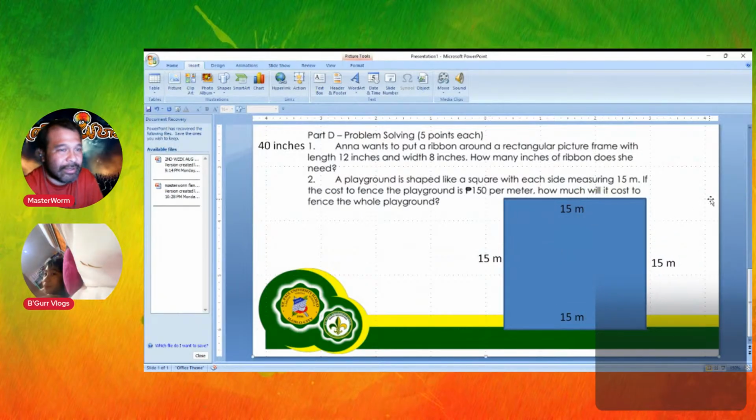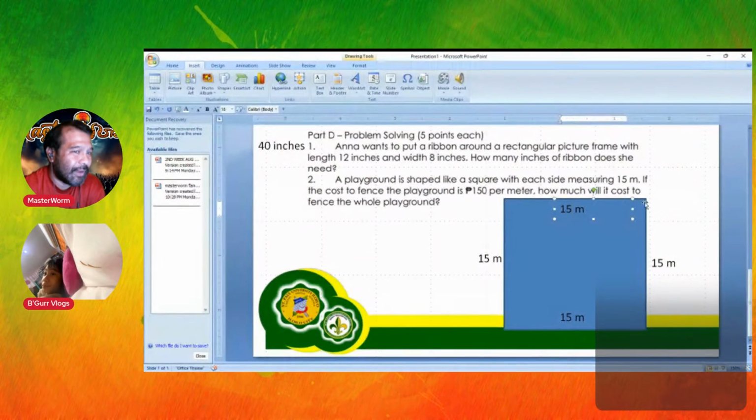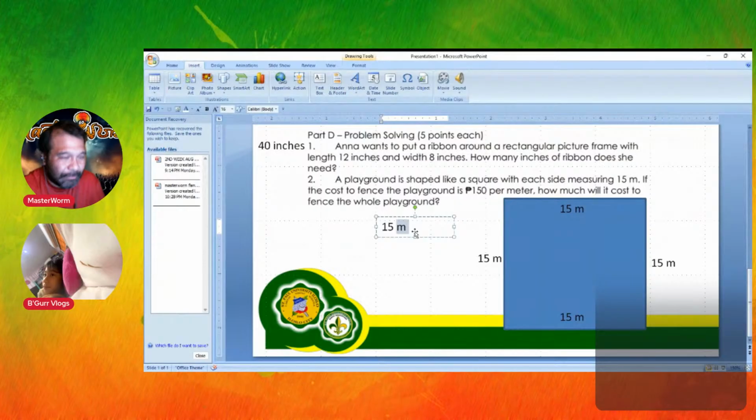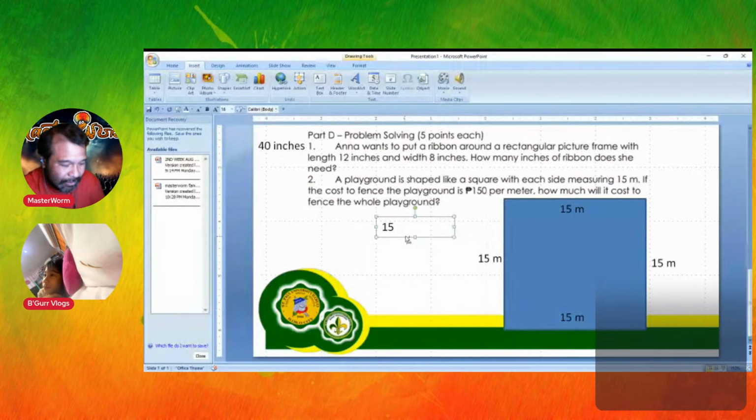Oh, here we go. If this is a square, it says here each side measures 15 meters. So from left to right, that's 15 meters. From up to down, that's 15 meters. So it is a square, everything is 15 meters. So it means you have to multiply 15 by 4. Do you know how to multiply already, right?